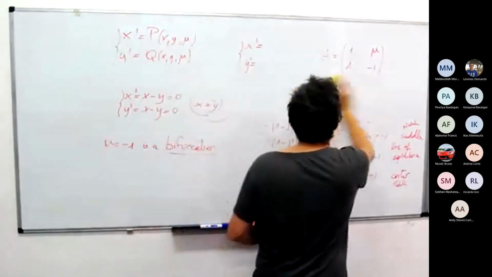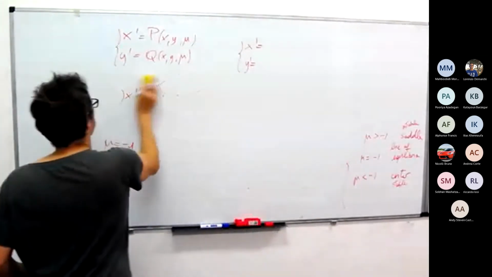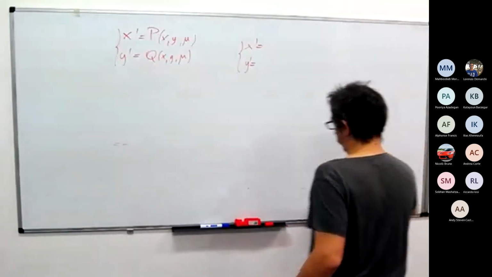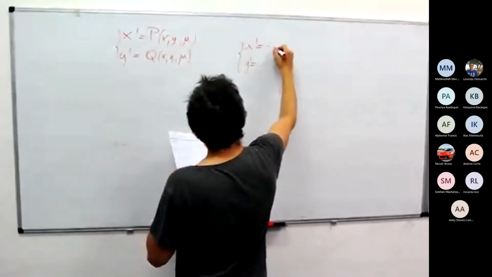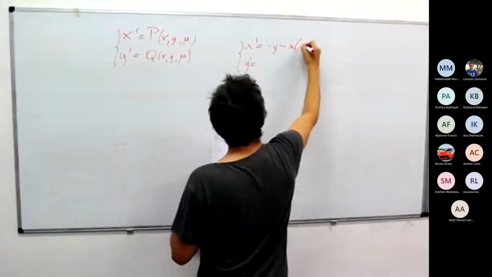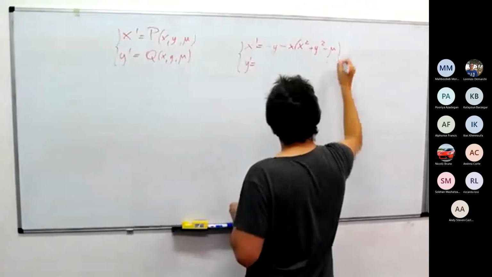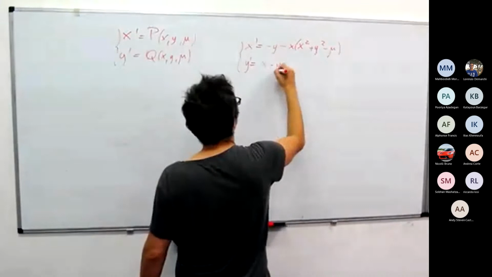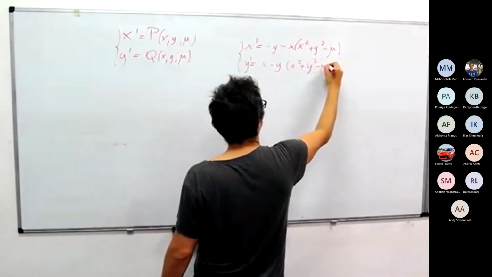Now I want to consider this other system: minus y minus x times (x squared plus y squared minus mu), and x minus y times (x squared plus y squared minus mu).